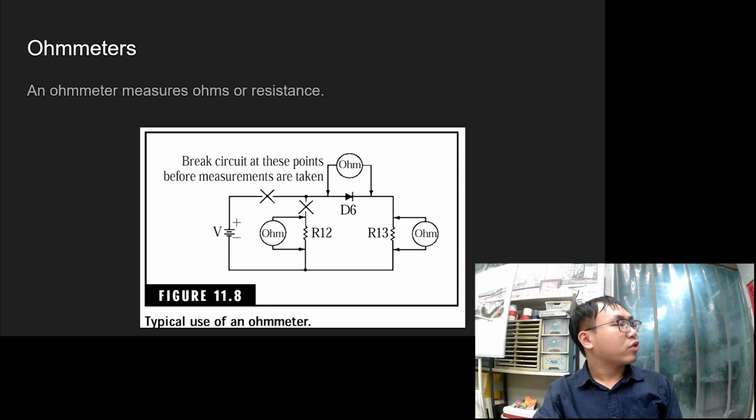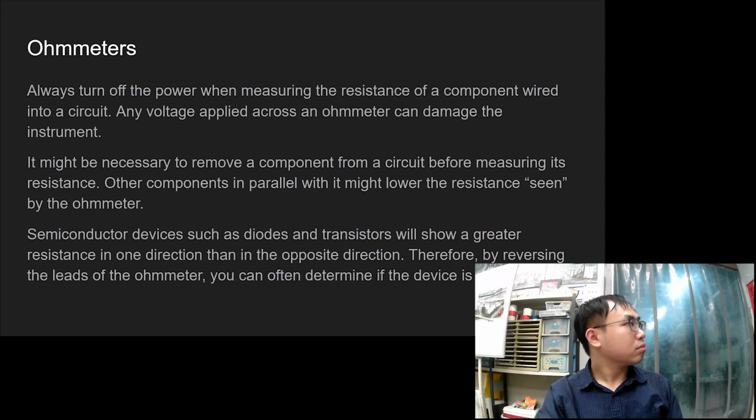If you intercept it, you may accidentally shock yourself, or you may have inaccuracy in your measurement. So that's why you have to either break your circuit first or turn off the power first, for safety and accuracy.